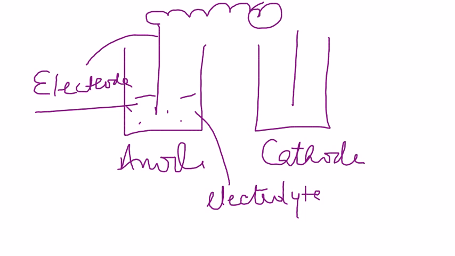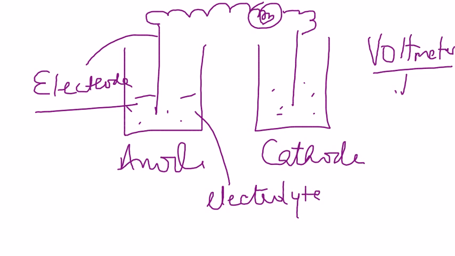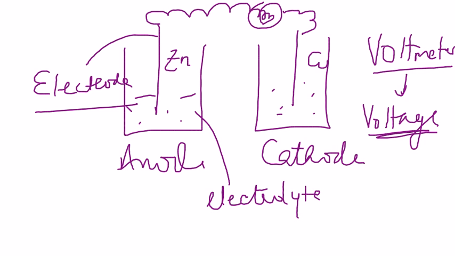A lot of times, instead of using a bulb, because a bulb just basically tells you qualitatively whether current is passing or not, sometimes they would connect it to a voltmeter. So instead of the bulb, they would put what is called the voltmeter. A voltmeter is a device which will measure voltage. So realize that the example that I gave you was for zinc and copper.